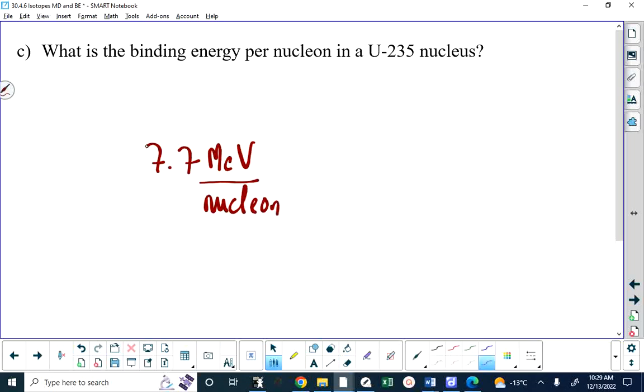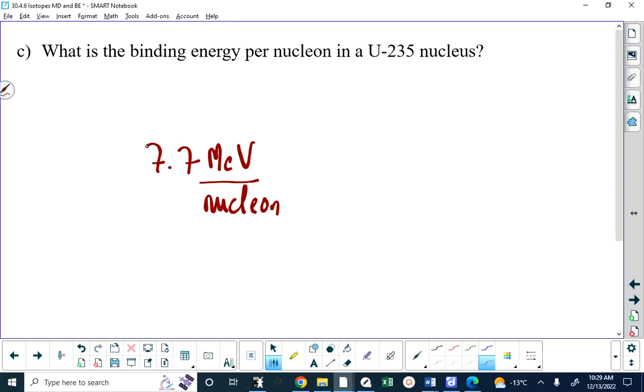We're done the lesson, we're done the examples, except I want to explain to you what this energy per nucleon means. The bigger this number is, the more stable a nucleus is. Can you just look back? What was it in millions of eV per nucleon for the helium nucleus? I want to say 7.13. Okay?